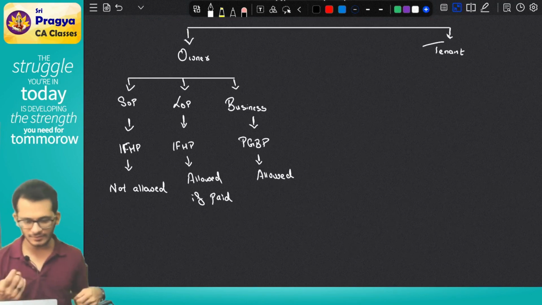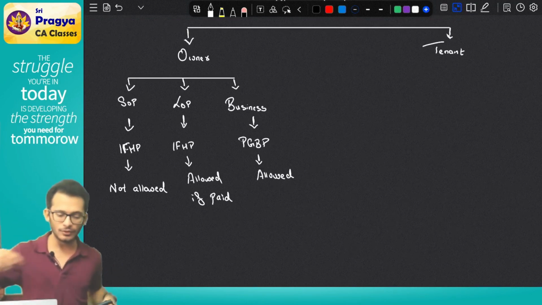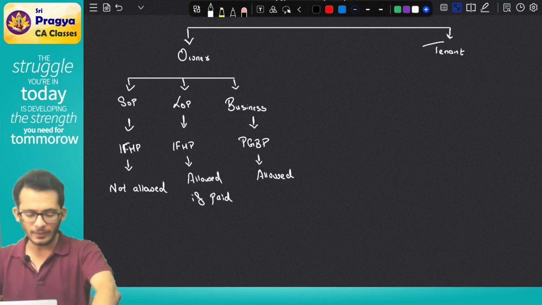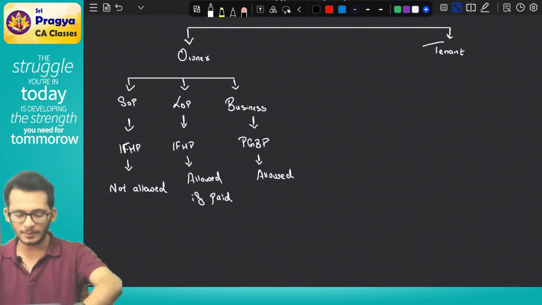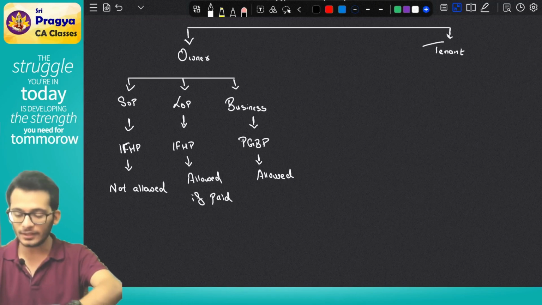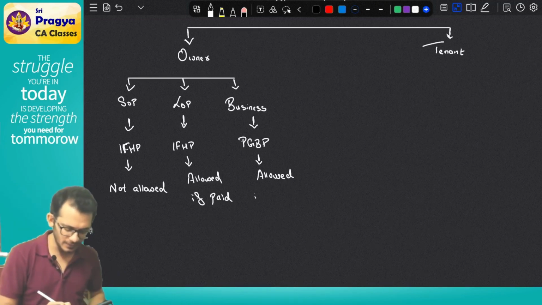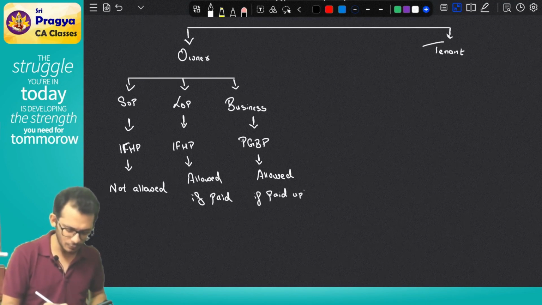So here, understand, in house property, I told you, you can claim only in the year of payment. But when it comes to PGBP, I am not giving you the time until payment. I am giving additional time until return filing. So I am saying allowed if paid up to ROI return.